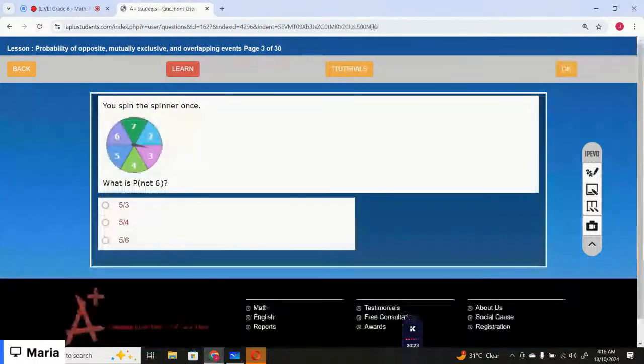You spin the spinner once. What is the probability of not green, which is the correct option?